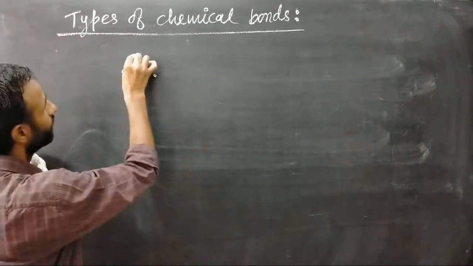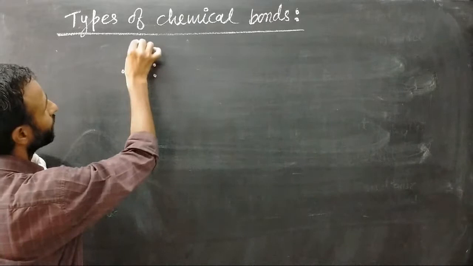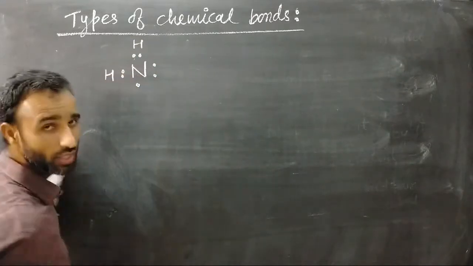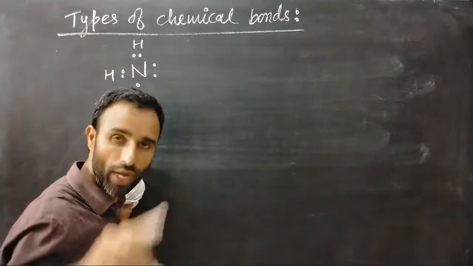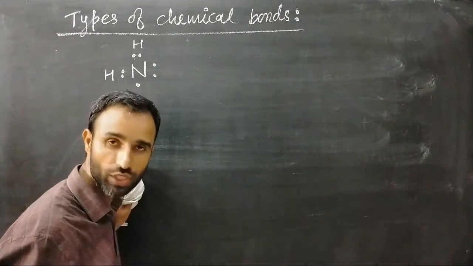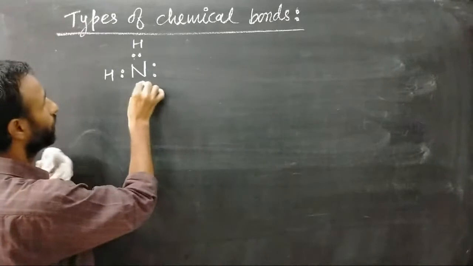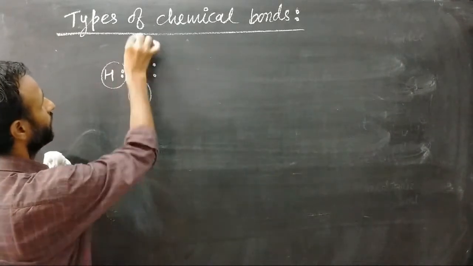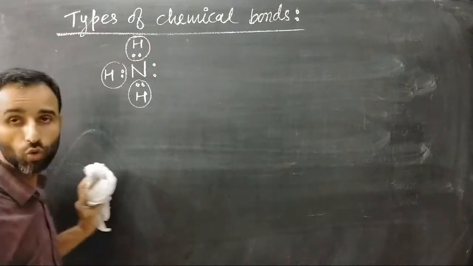Now see, if hydrogen is there, hydrogen has 1 electron and needs 1 more to acquire the configuration of helium. So it will share one electron. In this way, each hydrogen forms one covalent bond.